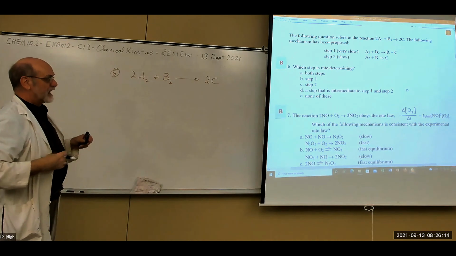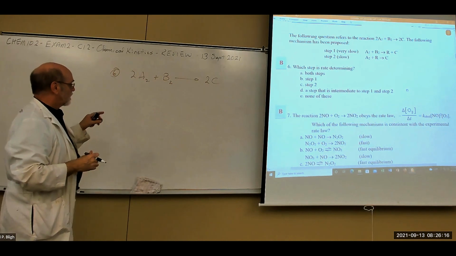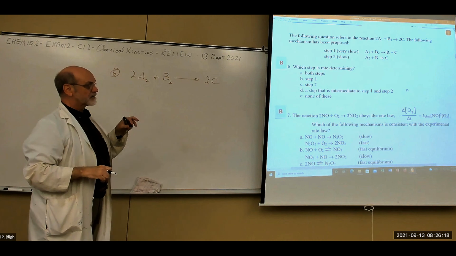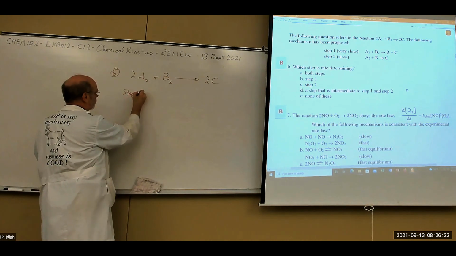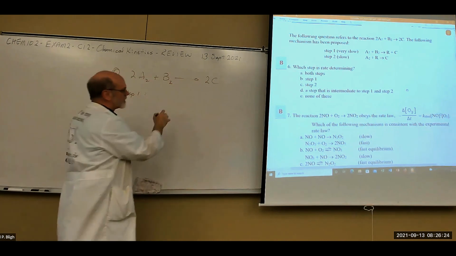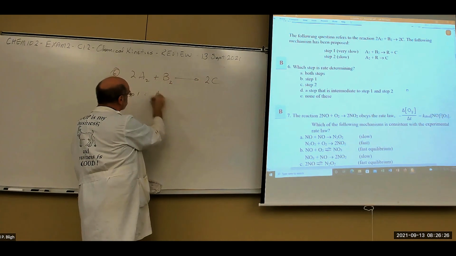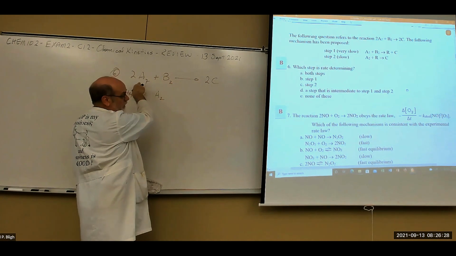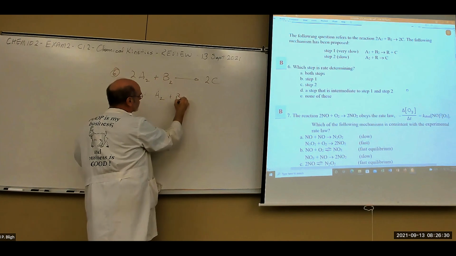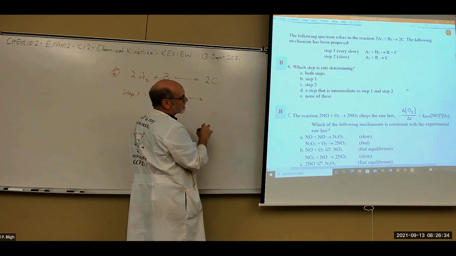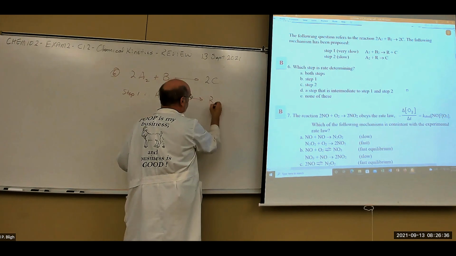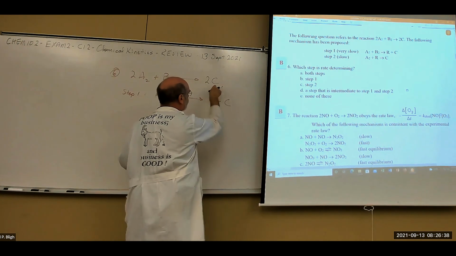And what they're saying is the mechanism for this reaction is given. Step one is we take one of these, we got two of them, we're going to take one of those, combine it with this one, and make some intermediate plus one of those.